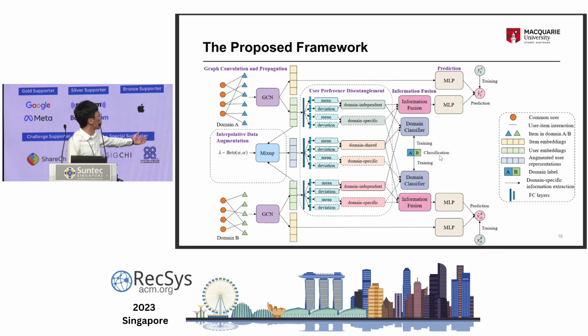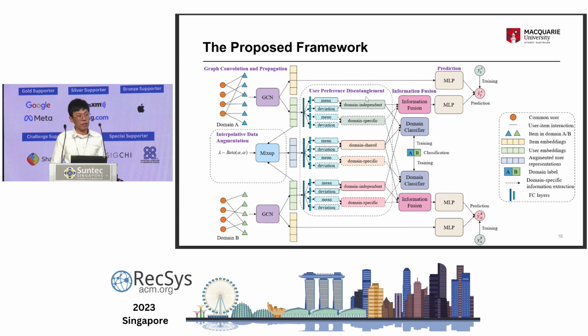Here is the overall flowchart of our proposed framework. There are mainly 5 modules. The first one is graph convolution and propagation, and then the first contribution here, the interpolative data augmentation, and then the user preference disentanglement.